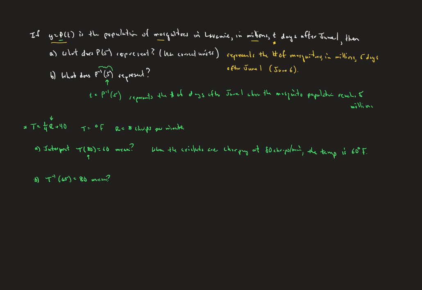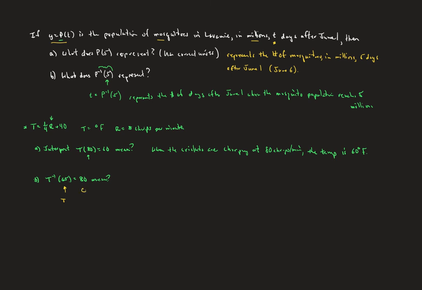Now, when we talk about the inverse, this now is not chirps per minute, that's going to be the temperature, and what this is equal to is going to be the chirps per minute.